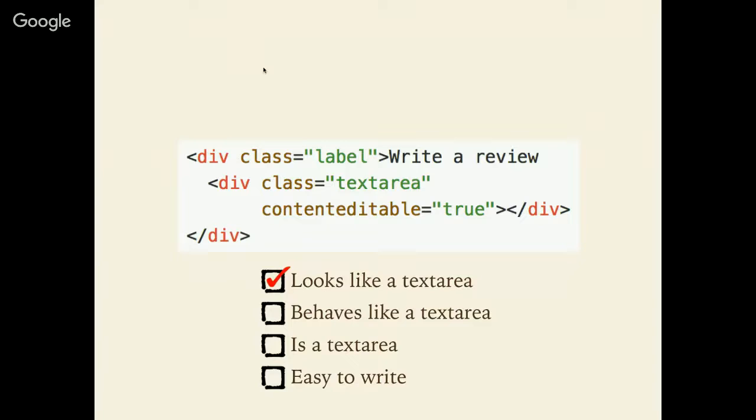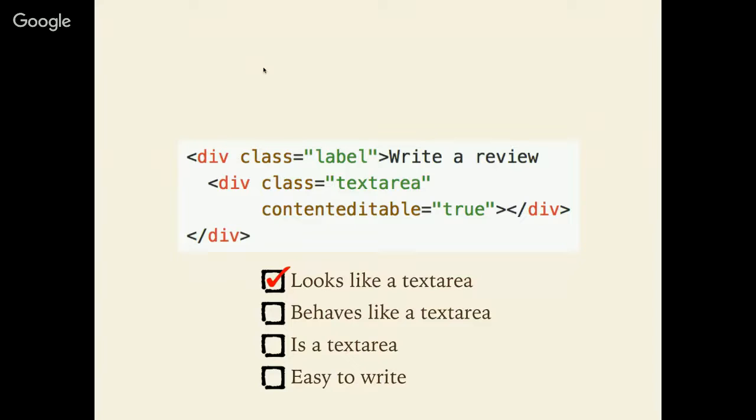The piece of code here is a div with a class of label, and then the words write a review. And within that div is another div with a class of text area, and it has the content editable attribute set to true. So because of the classes, this looks like a text area, but it most certainly doesn't behave like a text area. It isn't a text area, and it's not really easy to write.